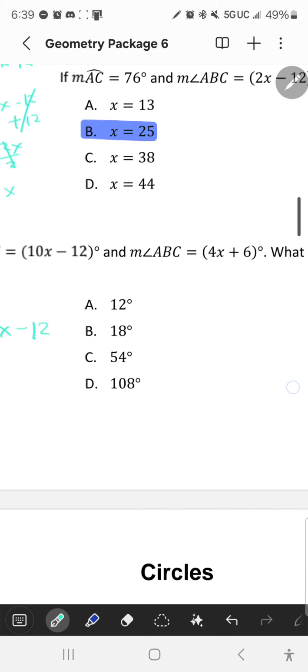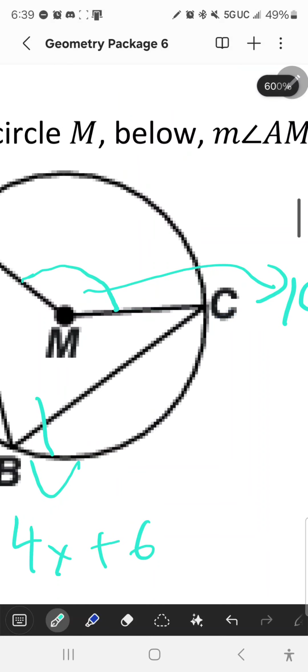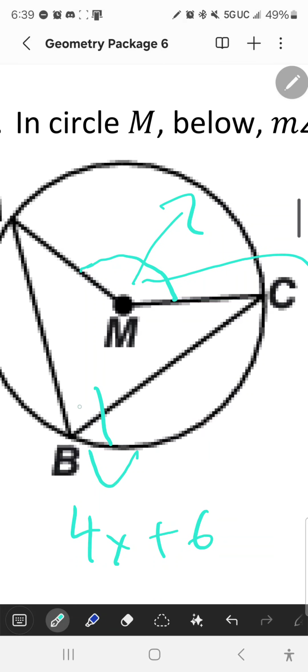What is the measure of angle ABC? So first we need to solve for x. Now, as I said before, this will be equal to half of this. So it's the same as saying this angle is half of this angle, or this angle is double this.